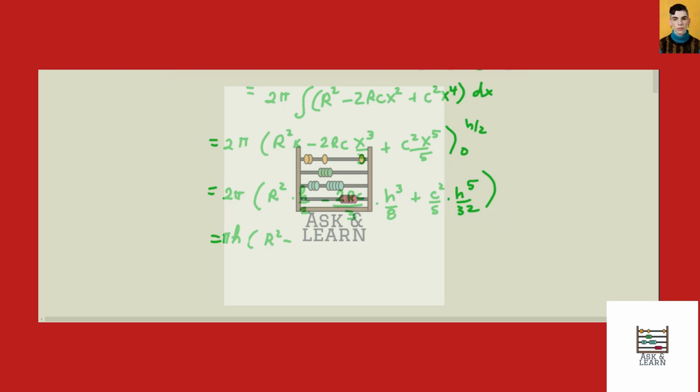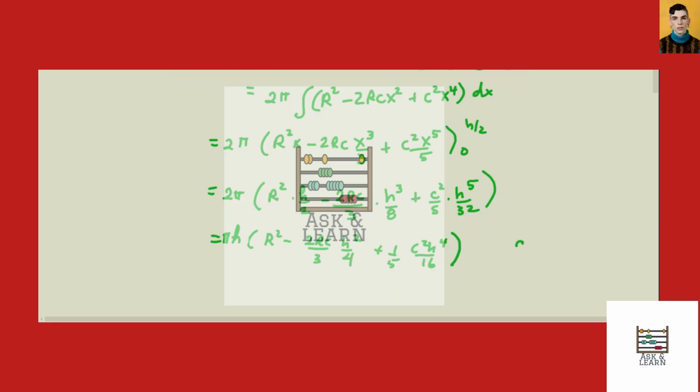Minus, okay, this 2 cancels with the 8. So I have 2rc over 3 h squared over 4. Okay, remember I took one of the h's out. And then this 2 cancels with the 32, leaving 16. So I get plus 1/5 c squared h to the fourth over 16.